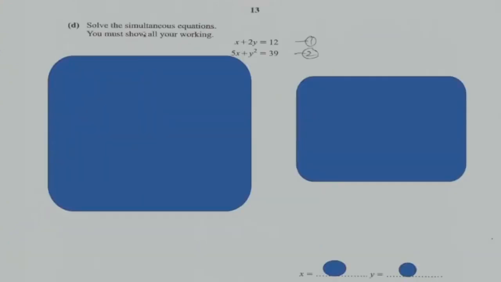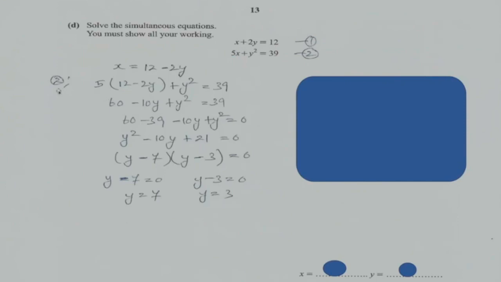Solve the simultaneous equations. Given two simultaneous equations, from one we have to get one value, x or y. From here we can get x equals 12 minus 2y. From 2 it is 5.